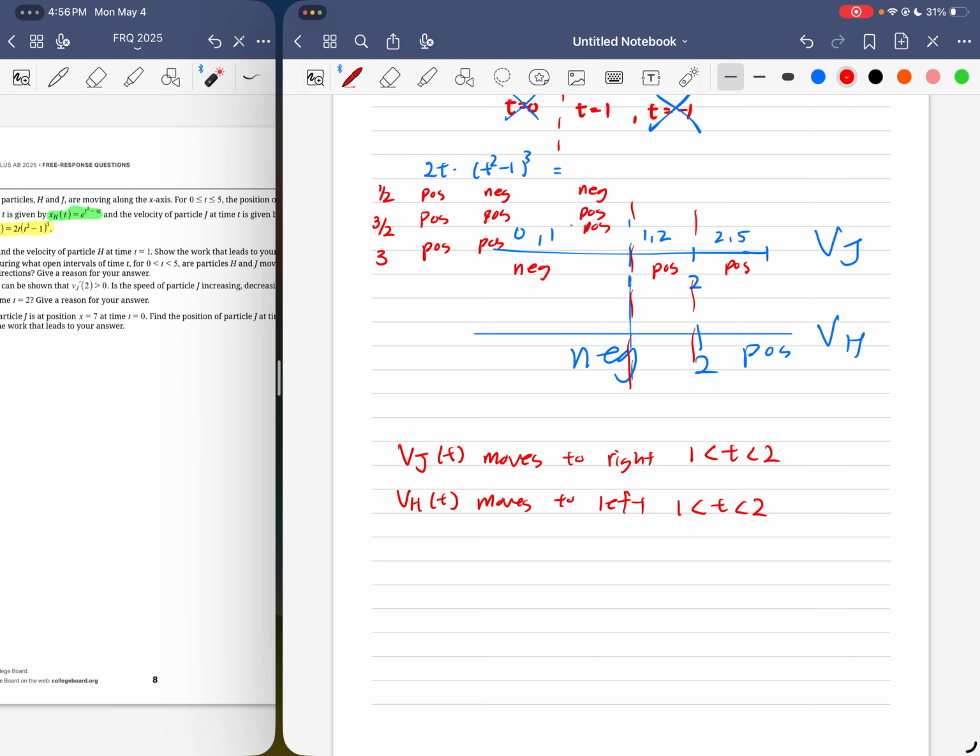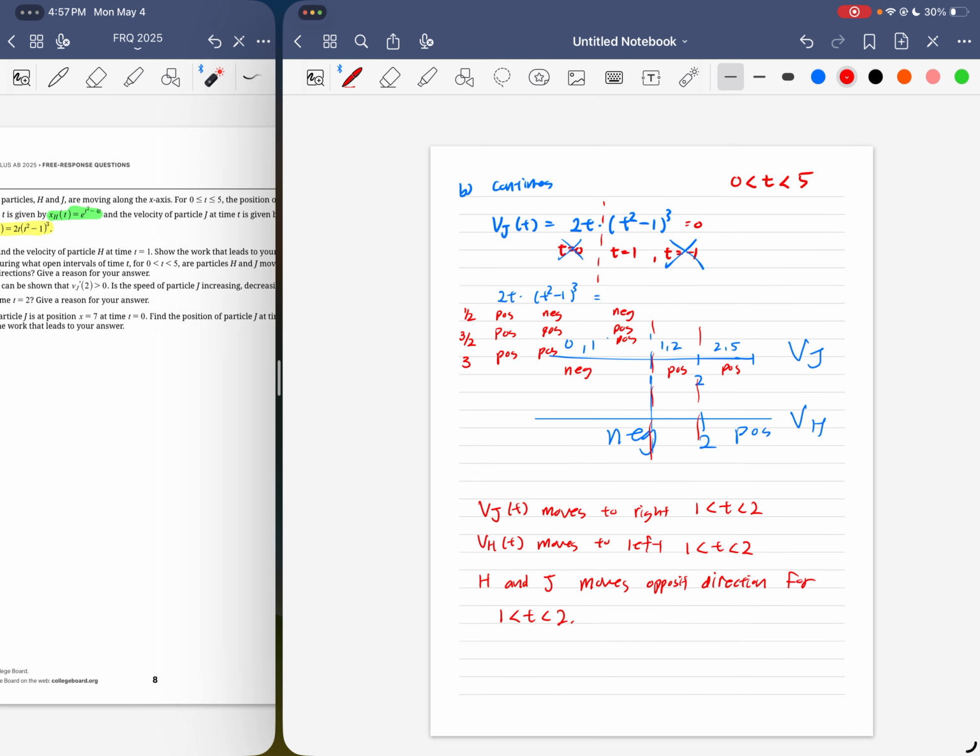So therefore h and j move in opposite direction for 1 to 2. That's how you do it.